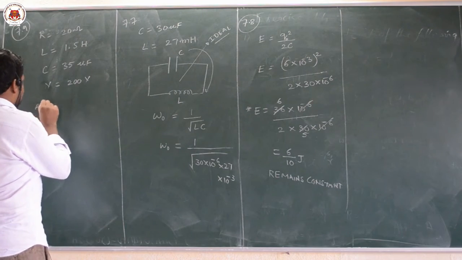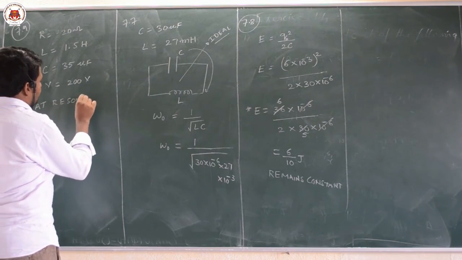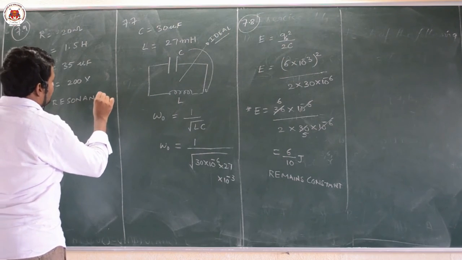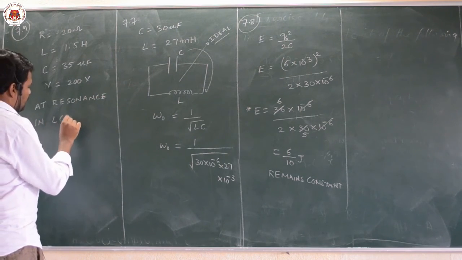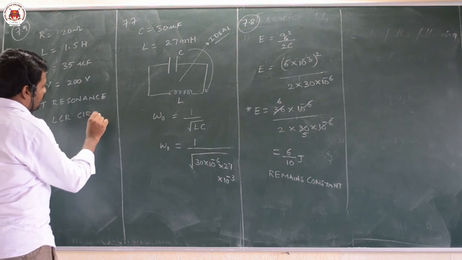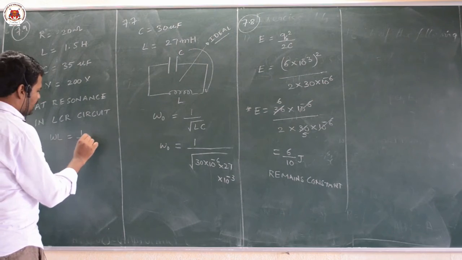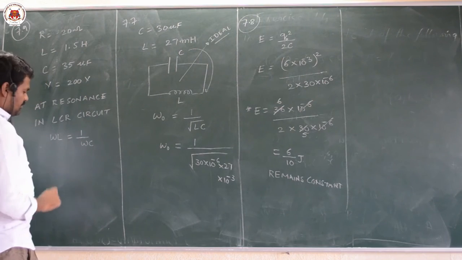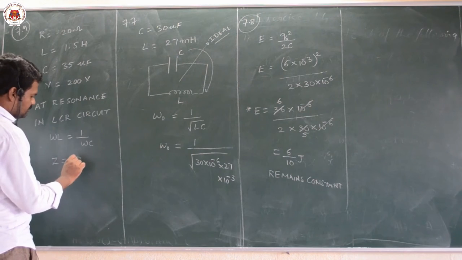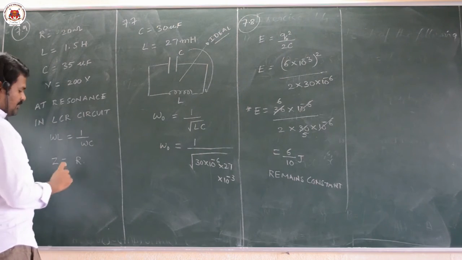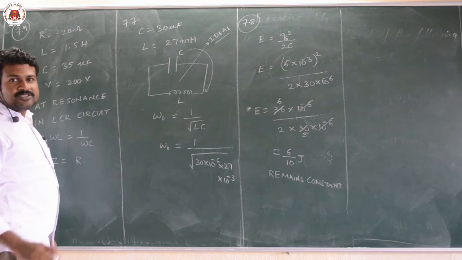At resonance in an LCR circuit, omega L is equal to 1 by omega C, so the impedance Z will be equal to R only, because Z is equal to root of R square plus omega L minus 1 by omega C, whole square.